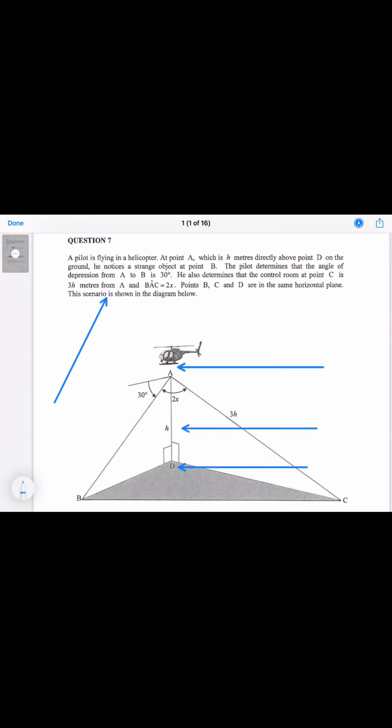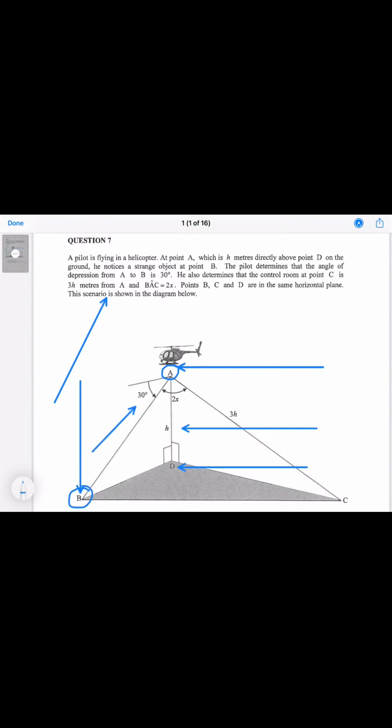He notices a strange object at point D. There it's point D. The pilot determines that the angle of depression from point A to point B is 30 degrees.